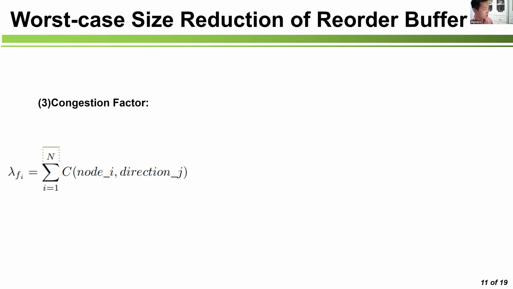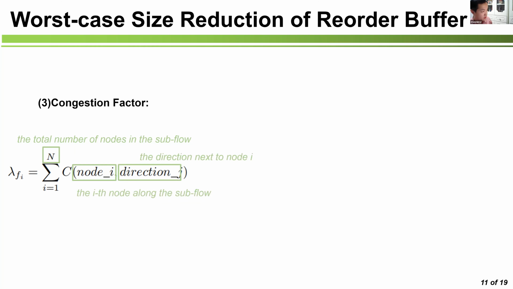In the third step, we derive a congestion factor. Based on the contention matrix, we use the congestion factor to predict the congestion state of a subflow. Therefore, the congestion factor of subflow Fi, which we call lambda Fi, is defined as the total contention of Fi.